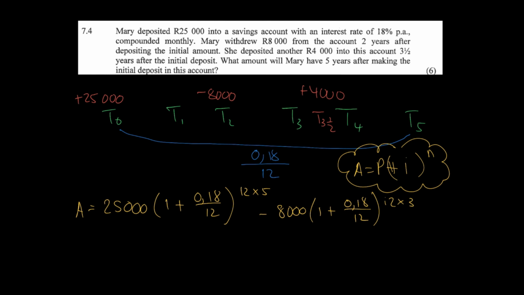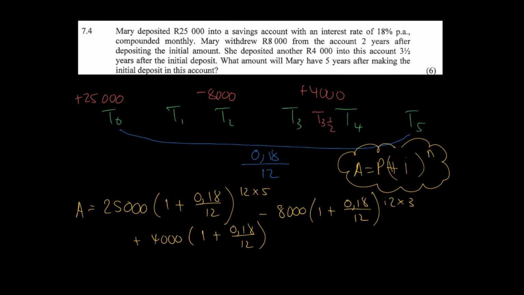And then the last thing that we would need to do is add in the 4,000 Rand that she deposits 3.5 years into the investment. This is also going to gain interest at the same interest rate. Only now it's going to be in the account for 1.5 years.